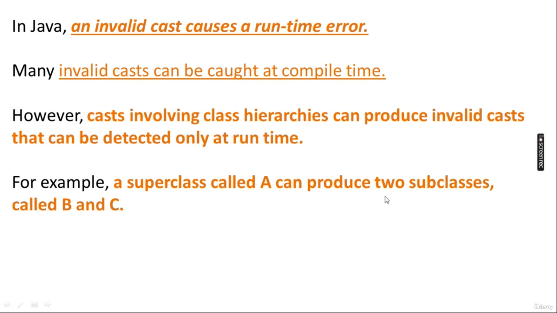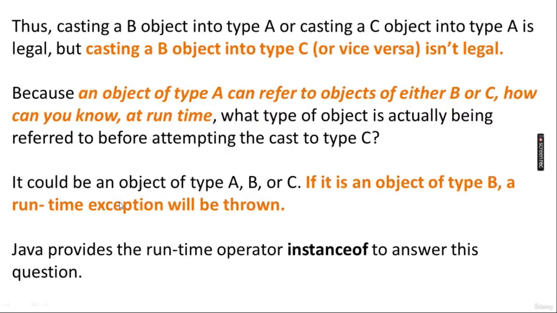A superclass called A can produce two subclasses called B and C. Casting a B object into type A or casting a C object into type A is always legal. But casting a B object into type C or vice versa is not legal. So how will you find it? Using instanceof.